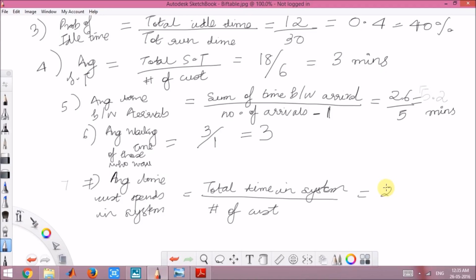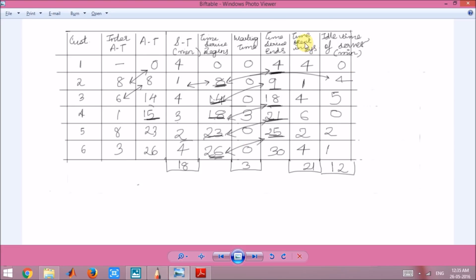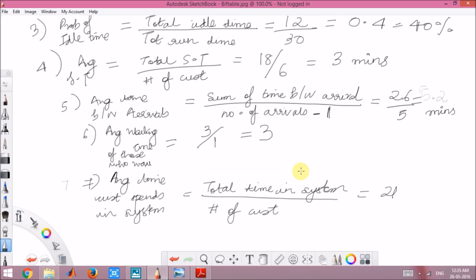The total time they spend in the system is 21, that we know from this table, divided by the total number of customers, 6. So 21 by 6 will give me 3.5 minutes.